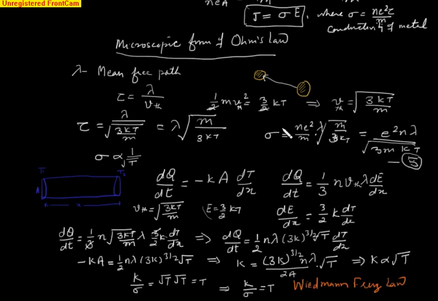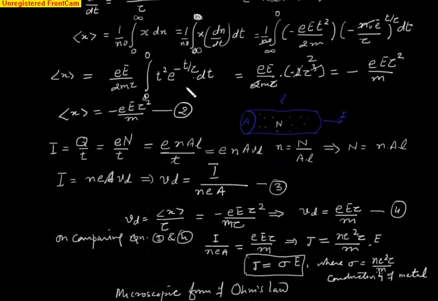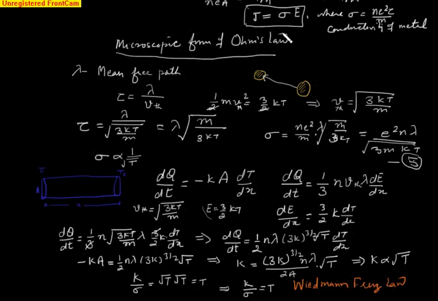So let us see what we have learned by using the Drude theory. By using the Drude theory, we are able to explain the microscopic form of Ohm's law. We have explained that electrical conductivity is inversely proportional to the square root of temperature.